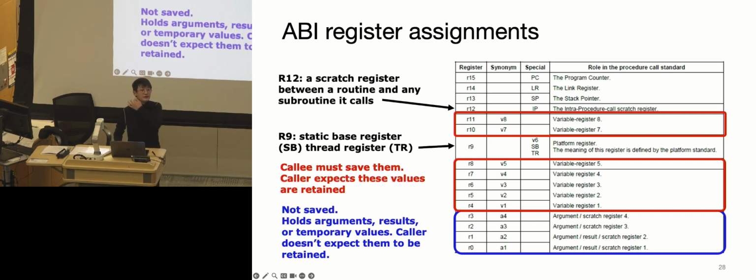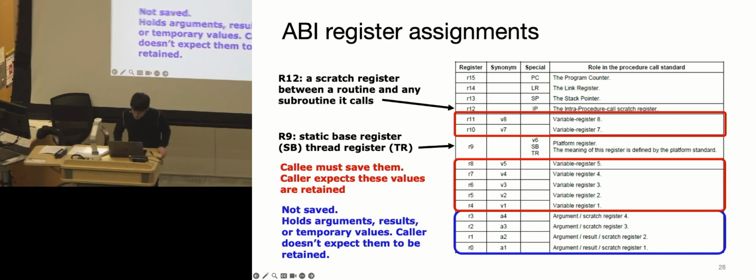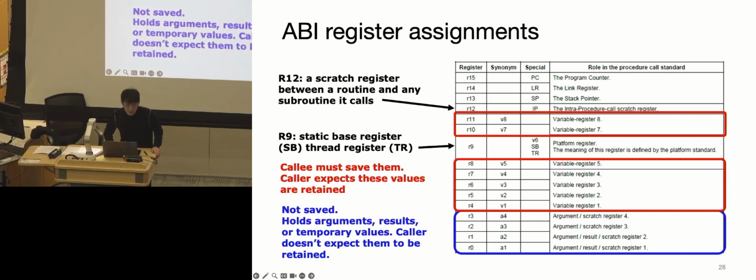Yes? Is R9 caller or callee saved? R9 is one of the special ones. Typically it was used as a static base register. It points to position independent data.